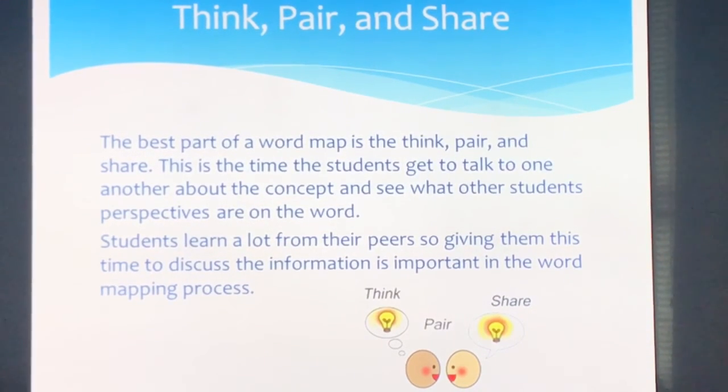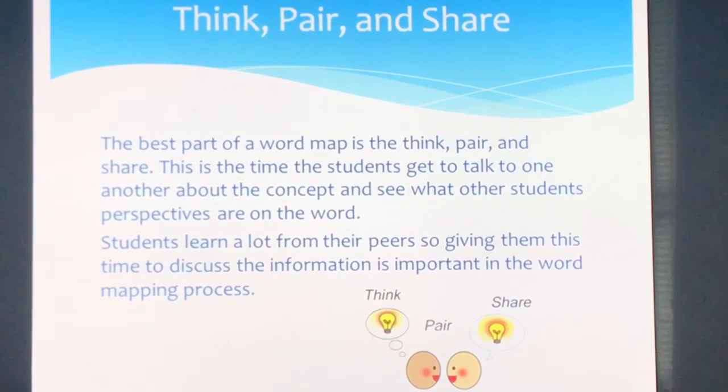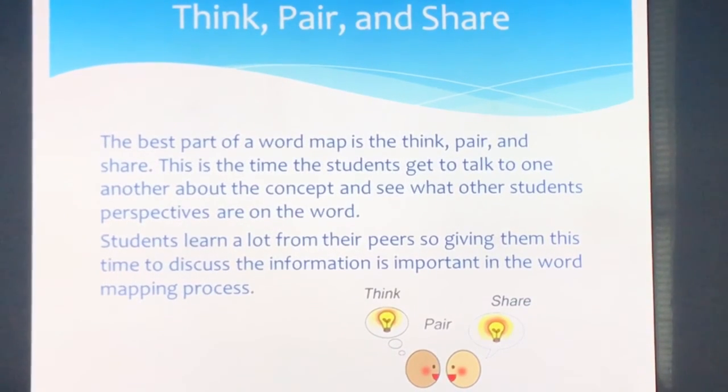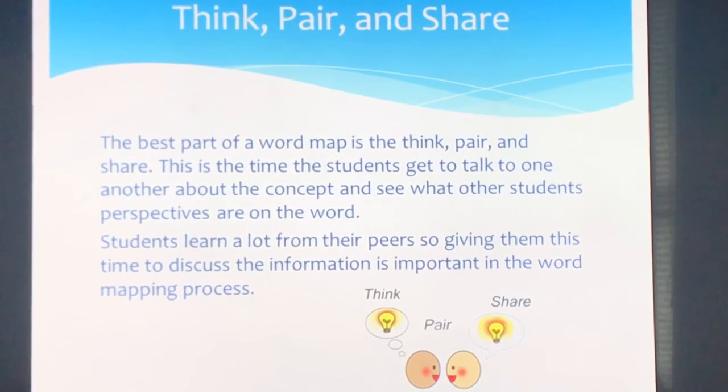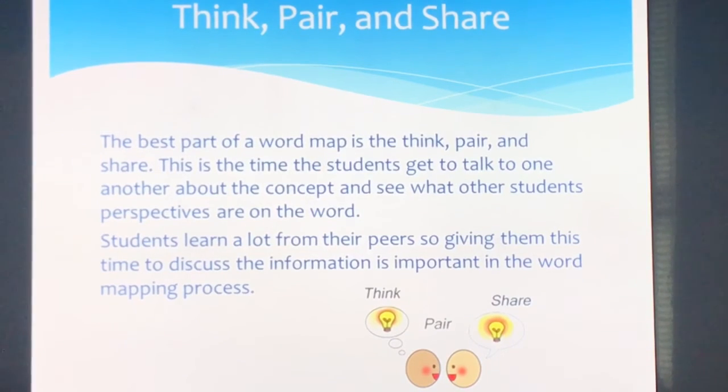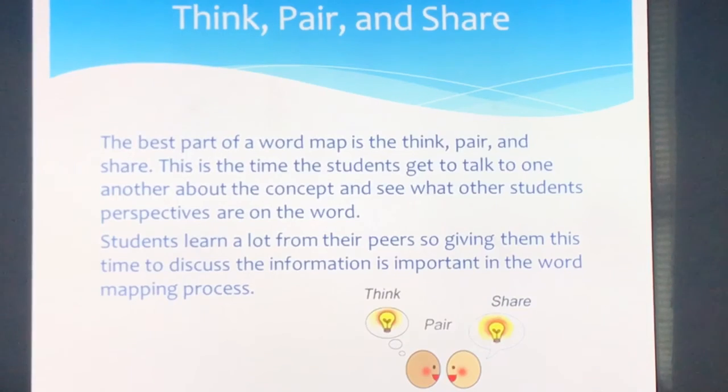They're going to learn concepts farther along than the actual word itself throughout the think, pair, and share. You're going to have all kinds of discussions going in a lot of different ways, but the main part of this is to just make sure that when they're paired up, they're discussing the word at hand. In this case, it would be ping pong. So any kind of discussion that has anything to do with ping pong, or a rule about ping pong, or a strategy within ping pong is invited at this part of the lesson.